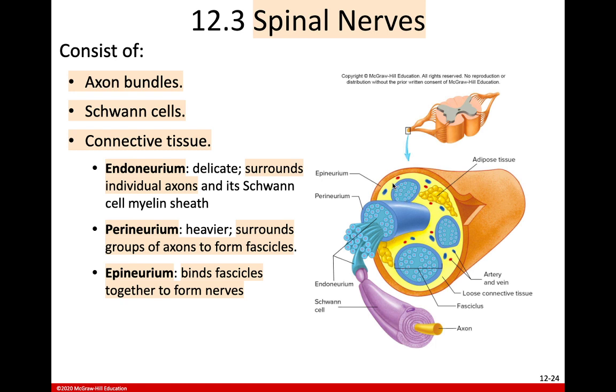And then the epineurium is this orange layer here. And again, just like the epimysium surrounds the whole muscle, bundling all those fascicles together, well, the epineurium surrounds the entire nerve, bundling all those fascicles together into the actual nerve.